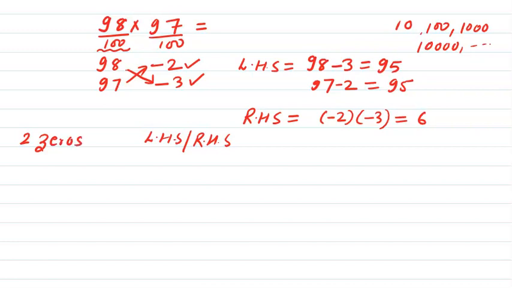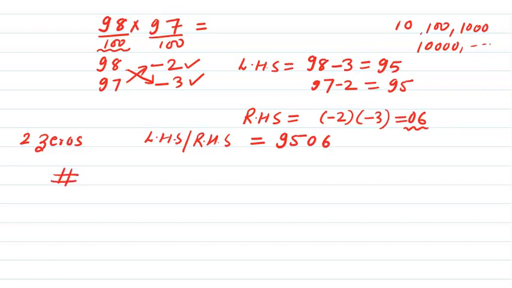So the right hand side should also have the same number of digits as the number of zeros in the base. So we don't just write 6, rather we write 06. I hope you got this point. Why am I writing 06? Because in the base, how many zeros are there? 2 zeros. So the number of digits in the right hand side should be the number of zeros in the base. So the correct answer will be 9506.